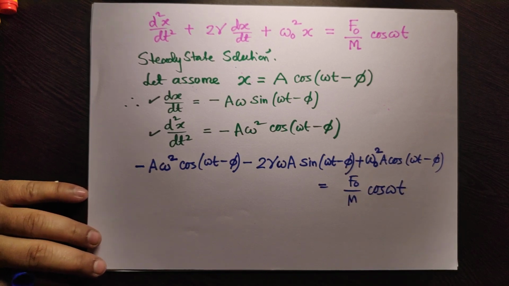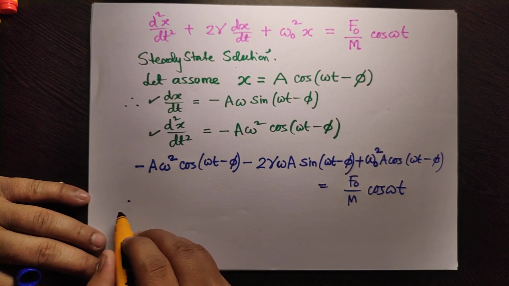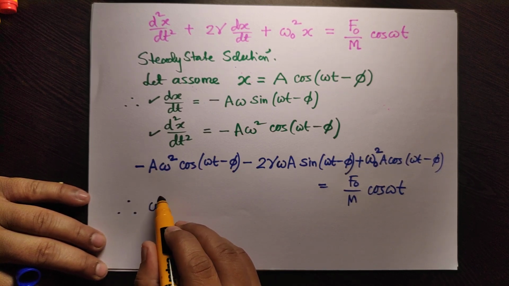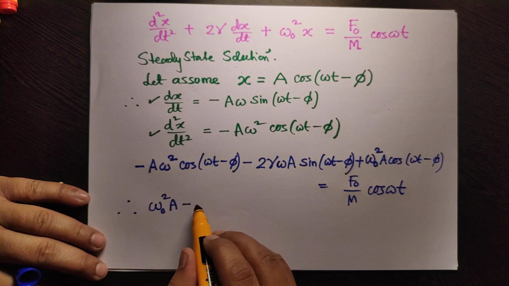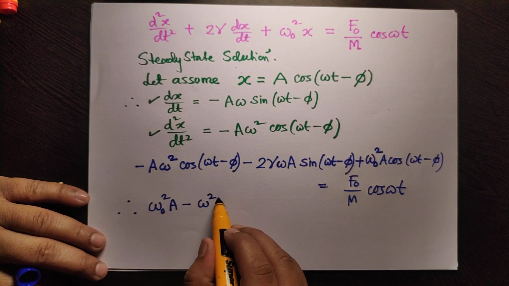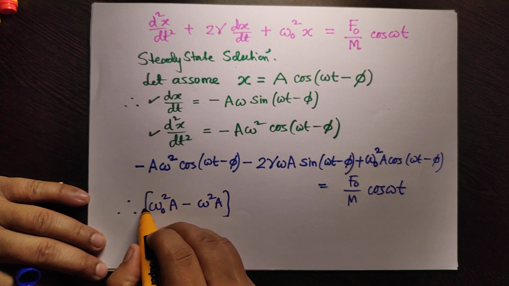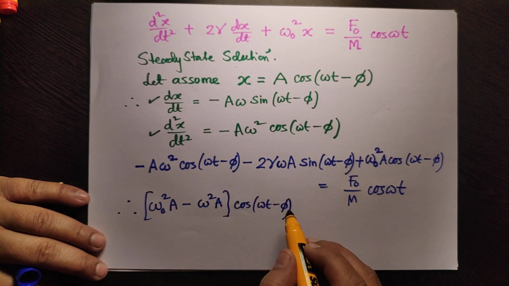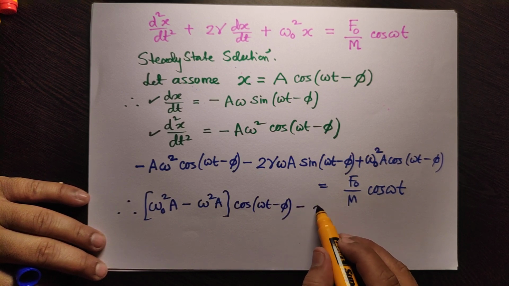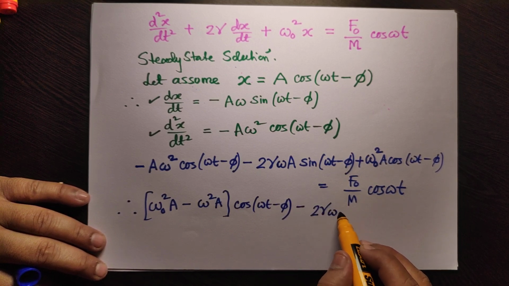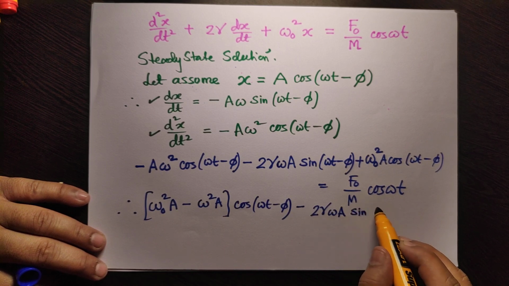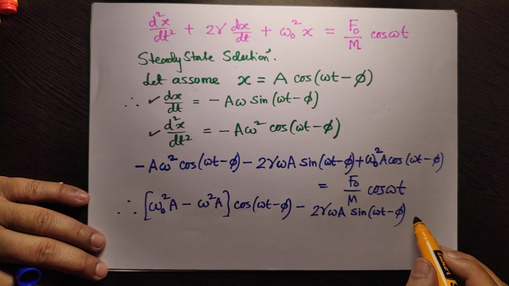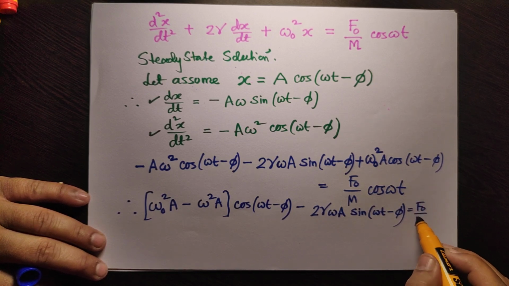So let's simplify the thing here. You have omega naught square a minus omega square a, this whole thing, bracket cos of omega t minus phi, minus 2 gamma omega a sine of omega t minus phi equal to F naught by m cos omega t.